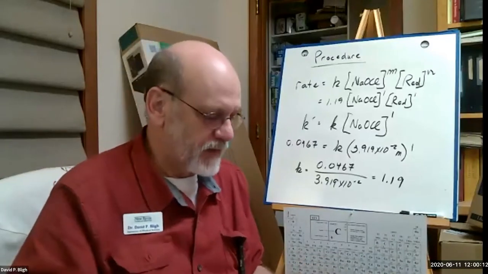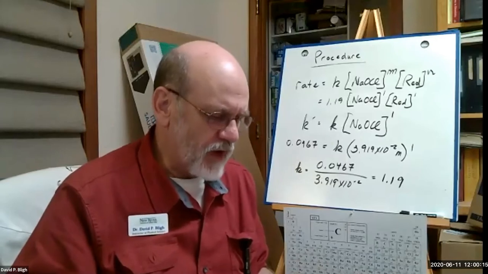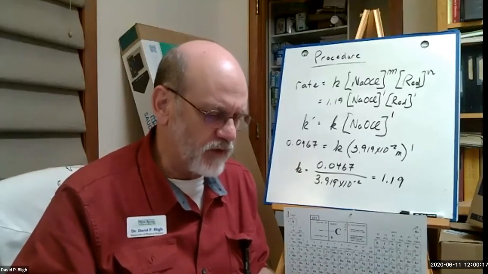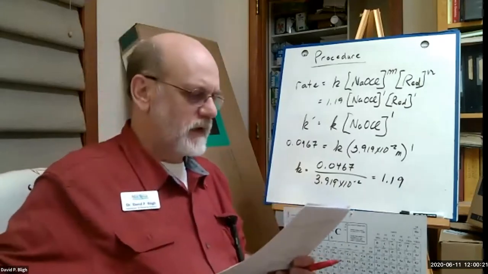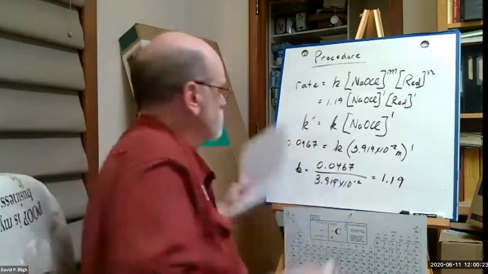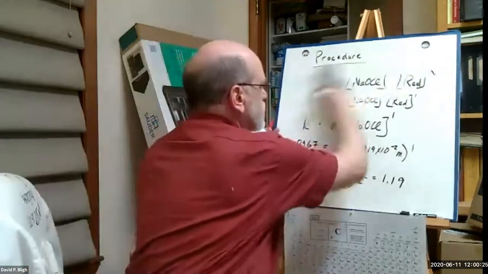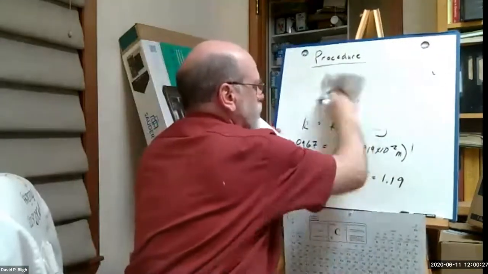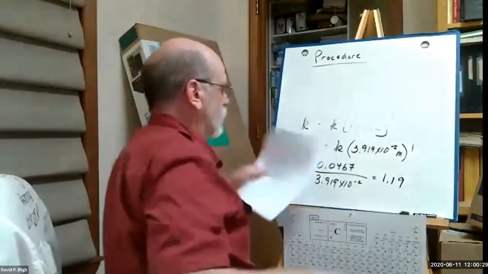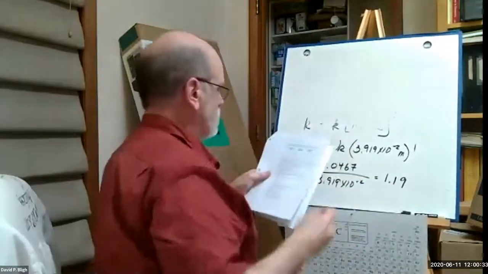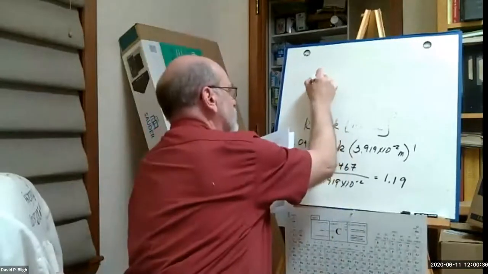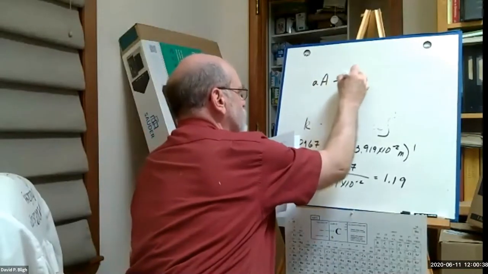Number 3, sketch the graphs of concentration versus time for a single reactant in which, let's see, it's better with formulas on a whiteboard. And they're saying this one yields products.